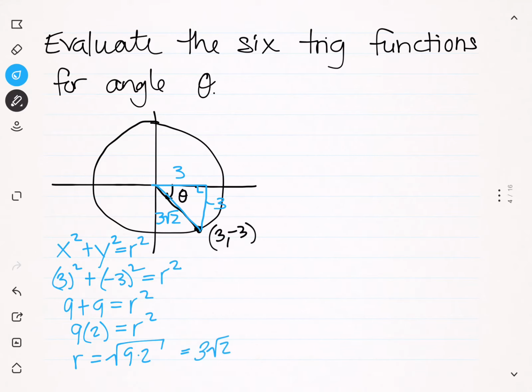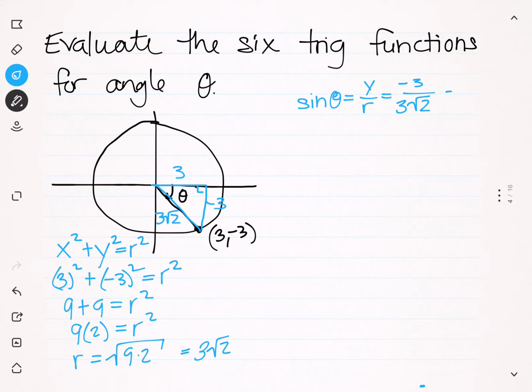Once I have all 3 sides of my triangle, x, y, and r, then we can evaluate our 6 trigonometric functions. The sine of angle theta is going to be our y value over our radius, which is negative 3 divided by 3 root 2.